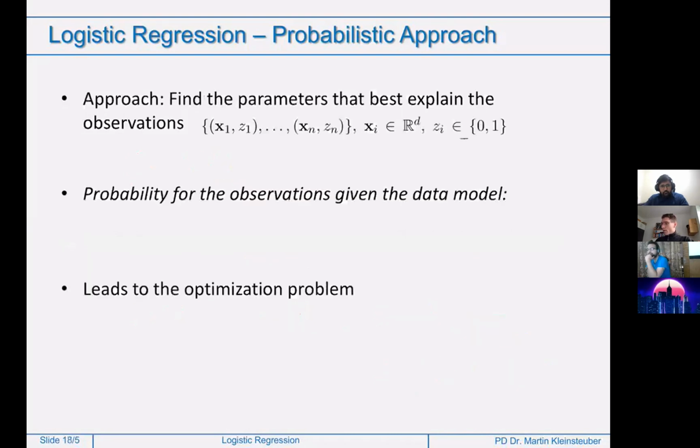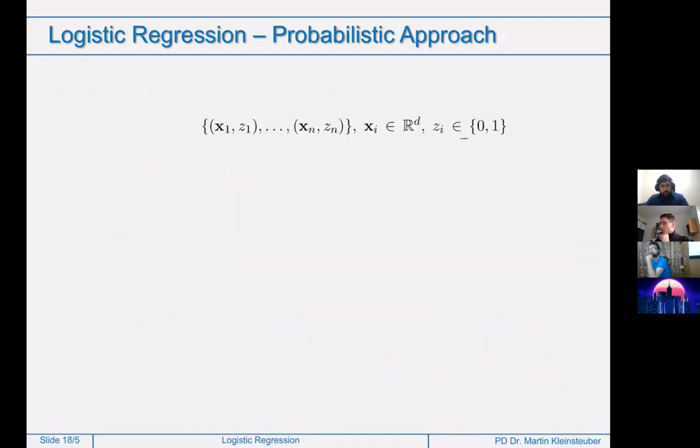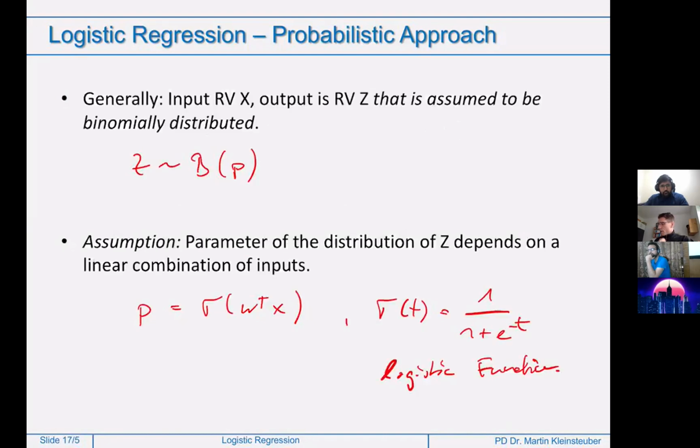Now, what we want to do now is find an approach or an optimization problem that allows us to determine the best weights. And like always, we have to define what we mean by best.